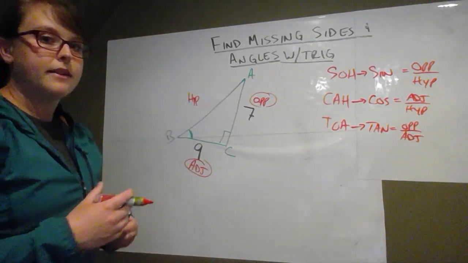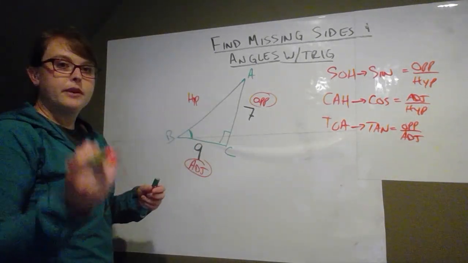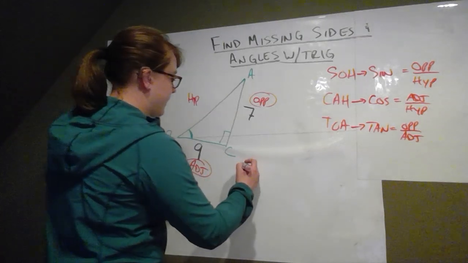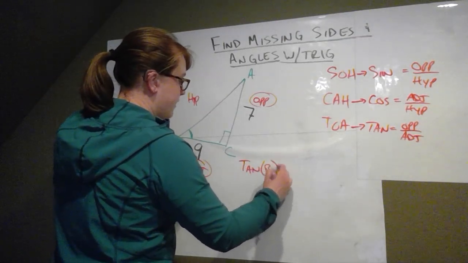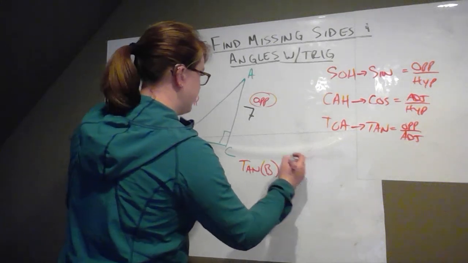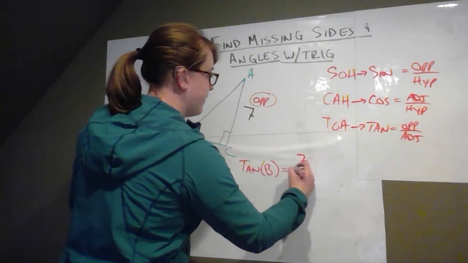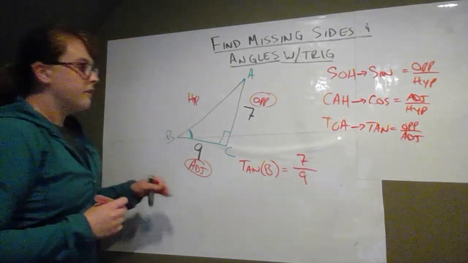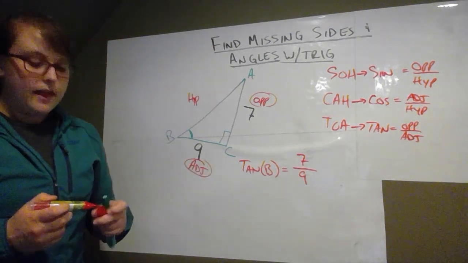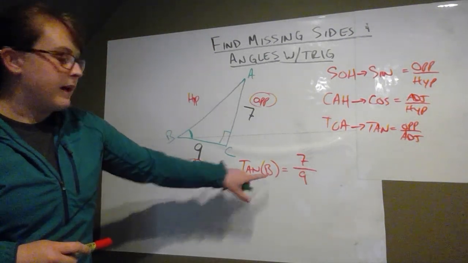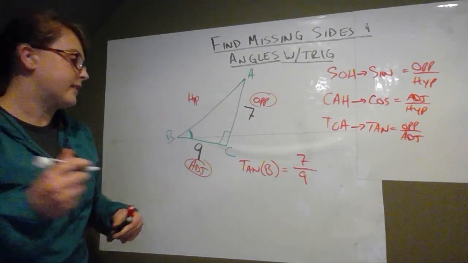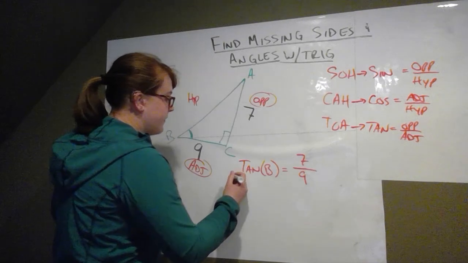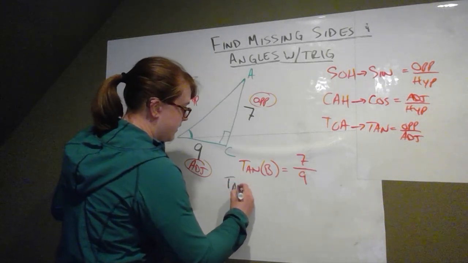So now I'm going to set this up just like we were doing problems last week. If I was looking for tangent of B, it would be opposite over adjacent, so 7 over 9. So I'm going to set up this equation, and then so that I can get angle B by itself, we're going to use inverse tangent, because that's going to get rid of my tangent here. So I'm going to go tangent inverse.